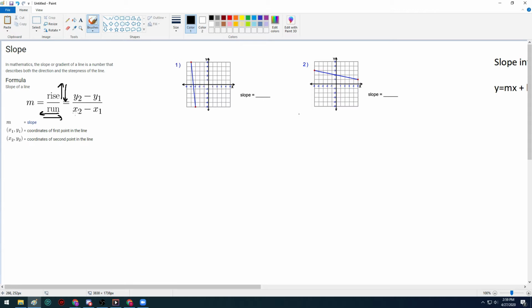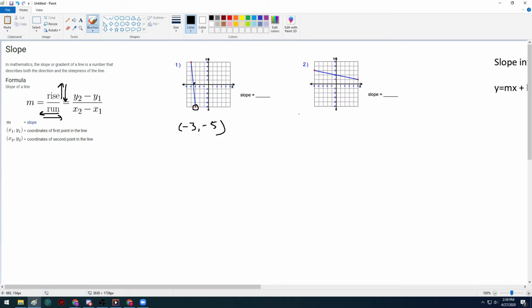Now x1 and y1, and x2 and y2, are the coordinates of the first point and the second point. Looking at our first example, we have our first starting point right here. We know that the x value is -3, so our x1 is -3, and our y value is -5.